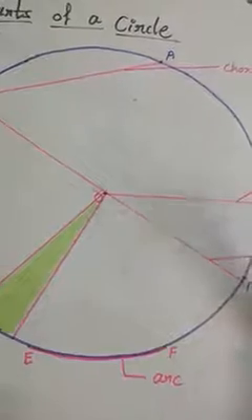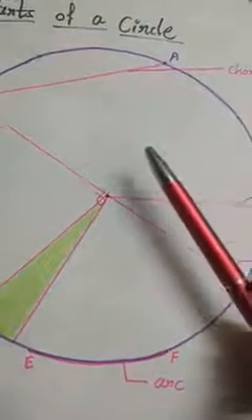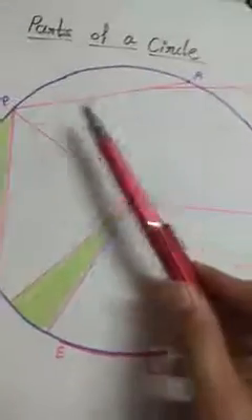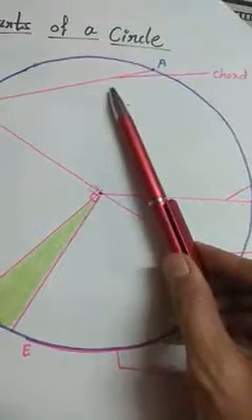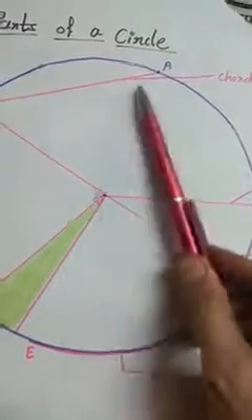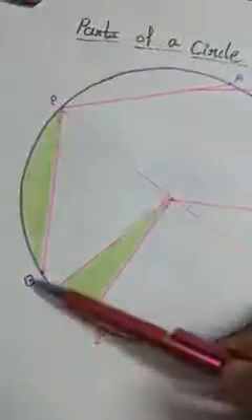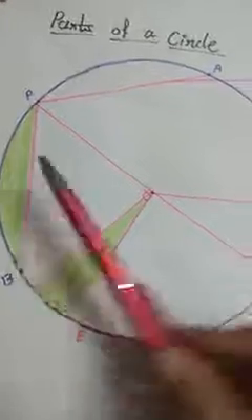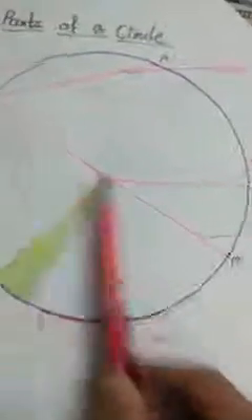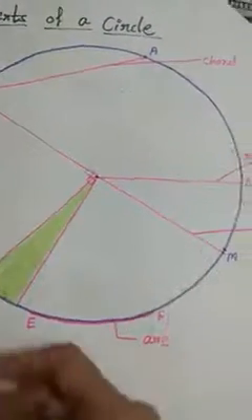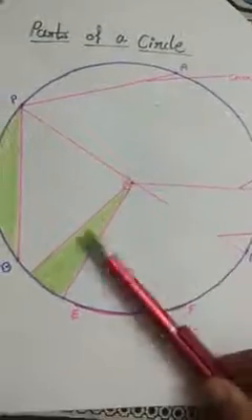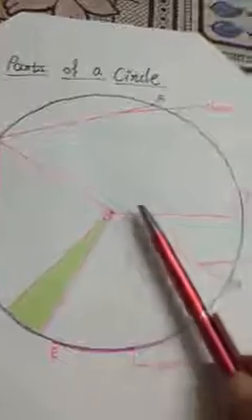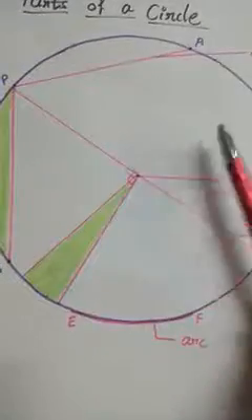A chord is part of the circle. See, this is a line segment joining any two points on the circle, a chord. Then diameter. A diameter is a chord passing through the center of the circle. It divides the circle into two semicircles, two equal half circles. Okay.